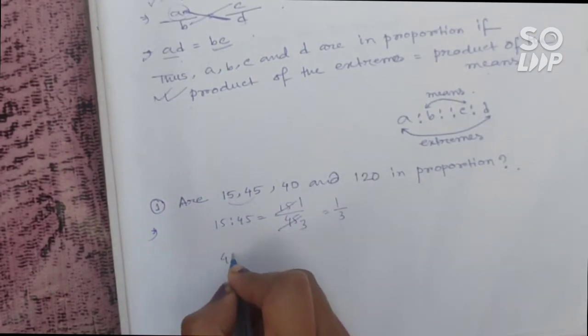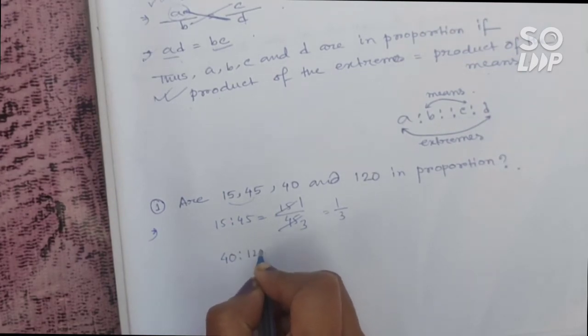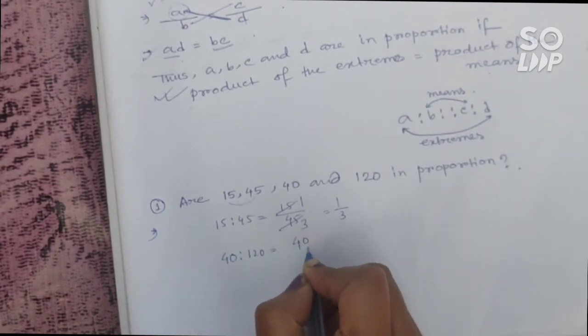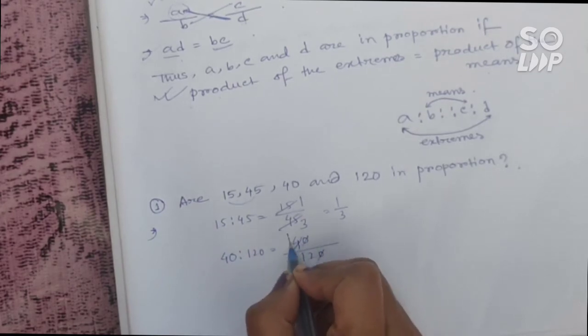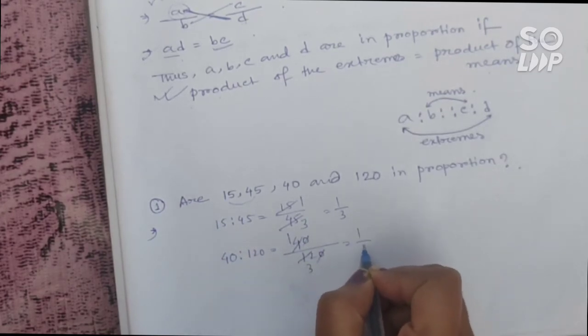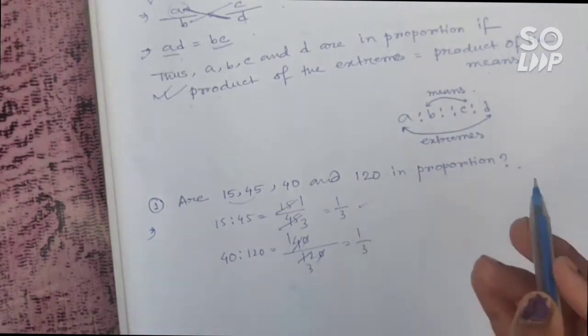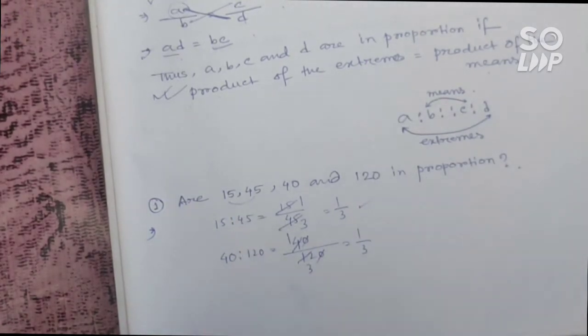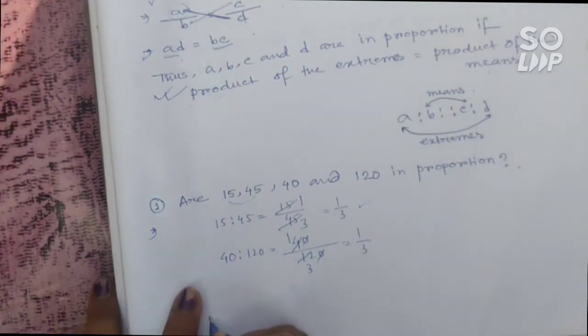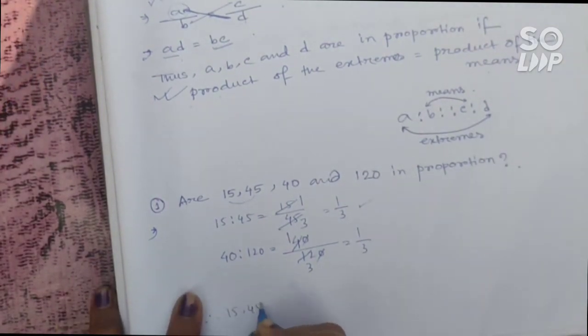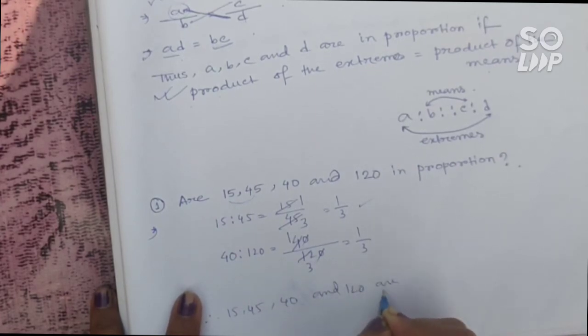Now you have to find the ratio of last two, that is 40 is to 120. 40 by 120, that is 0 will be cancelled. 4 ones are 4, 4 threes are 12, that is 1 by 3. Since the ratio of first two and the ratio of last two are equal, so 15, 45, 40 and 120 are in proportion. Okay, this is the first process.